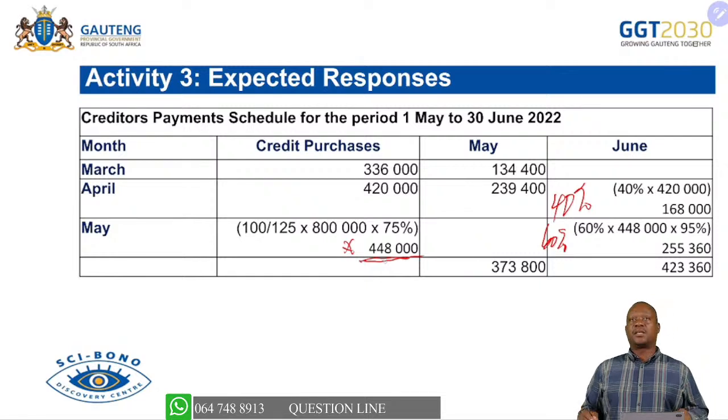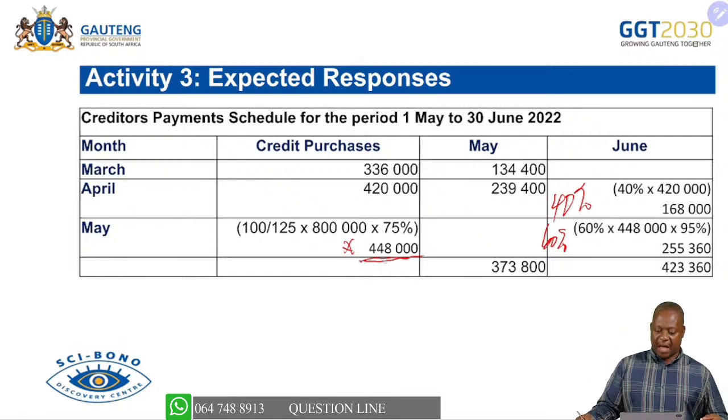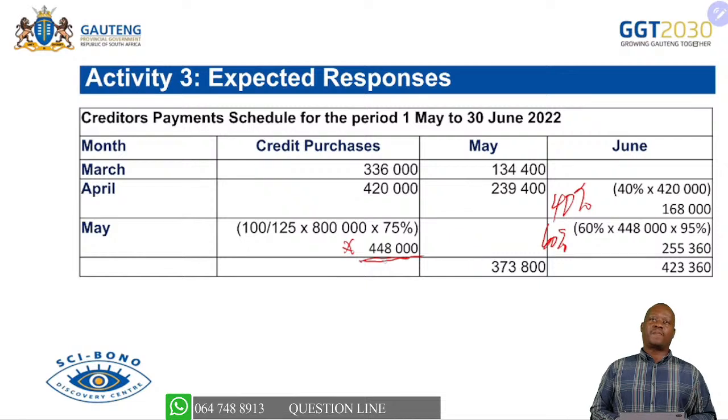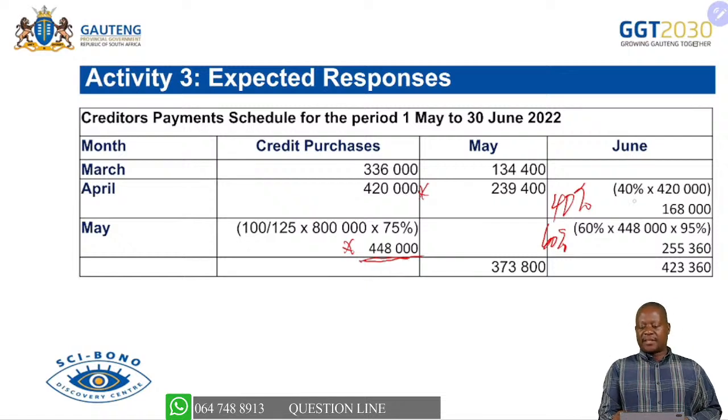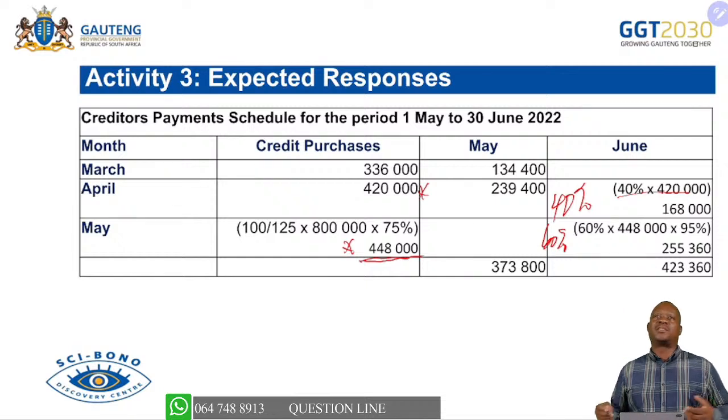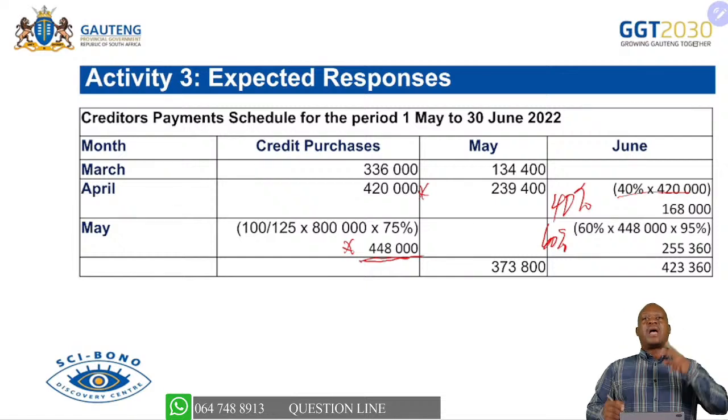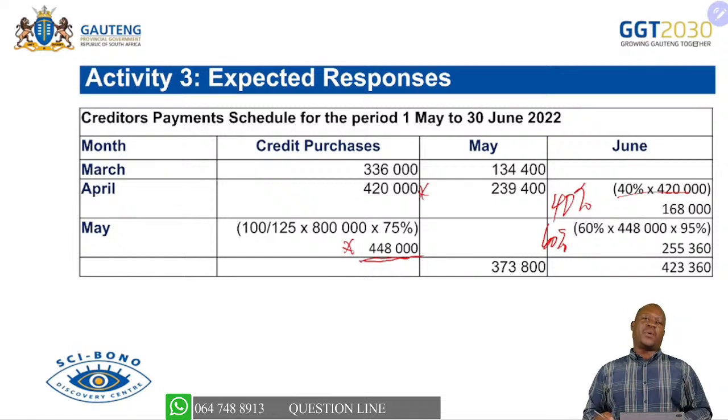It gives us 255,360. We go to the June-April intersection, 40% to be collected there. 40% times the 420,000 gives us 168,000.